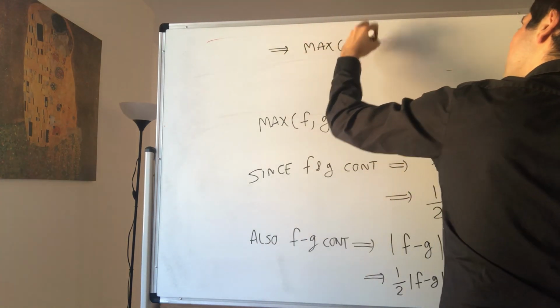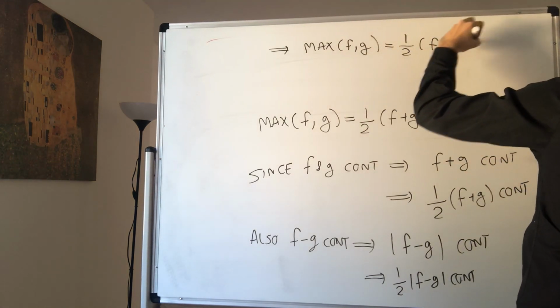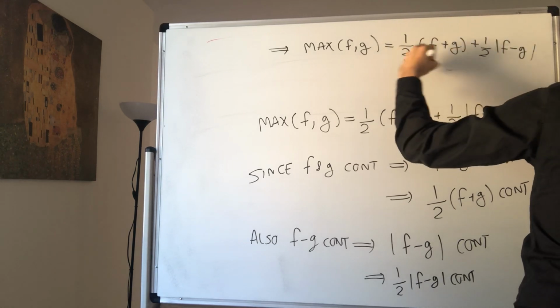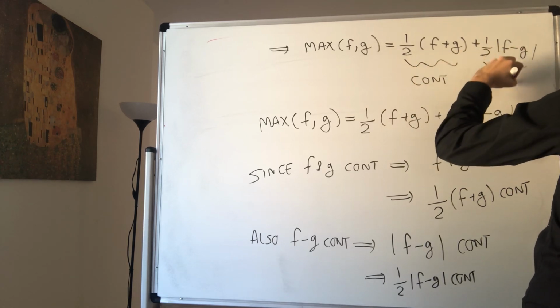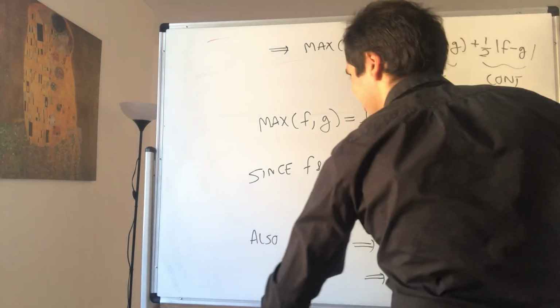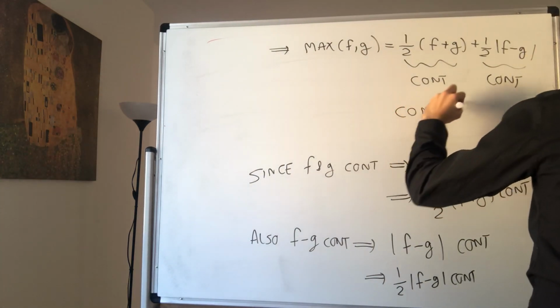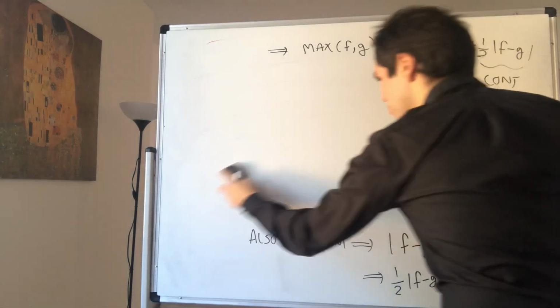So the max of f and g, which is 1/2 f plus g plus 1/2 absolute value of f minus g: this is continuous, this is continuous. So the whole shebang is continuous. Ta-da!